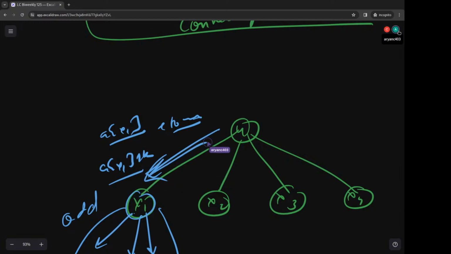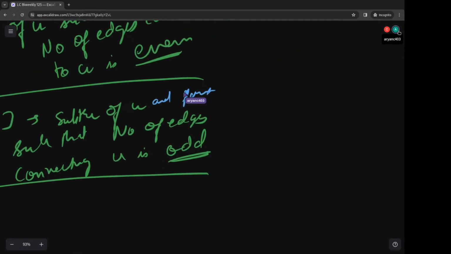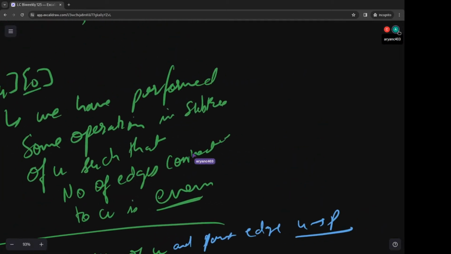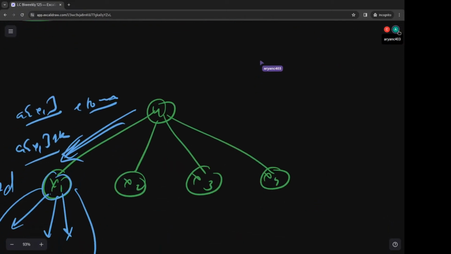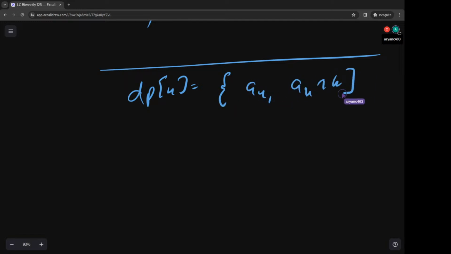So this is the number of operations in the subtree of U and the parent edge U and P. And DP 0 would be the subtree of U and parent edge U and P. And once we do this, we can start off with the initial value, and I am denoting a pair A U and A U XOR K. Then we iterate using DFS.